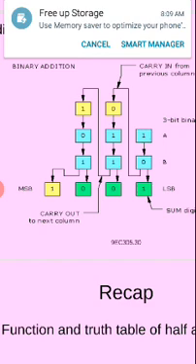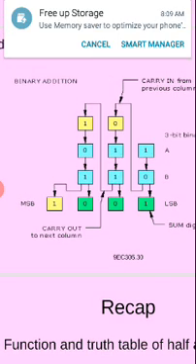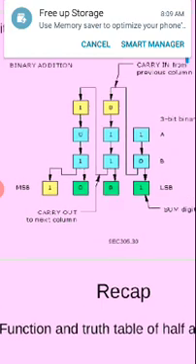For 1, 0, sum is 1, carry is 0. Hence, 0 is carried forward to the second column. And here in the second column 1, 1 and 0 are added. So 1, 1 becomes 1, 0. 0 is here and carry 1 is forwarded to the next stage.